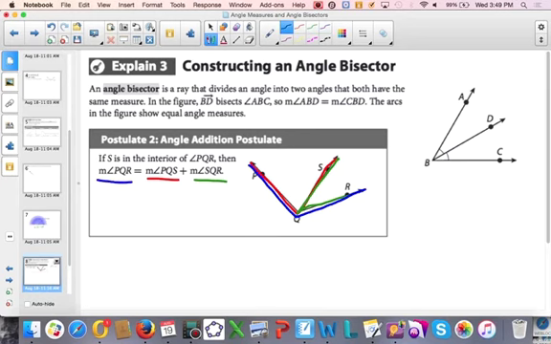So once again, you'll hear me say that part plus part equals whole.